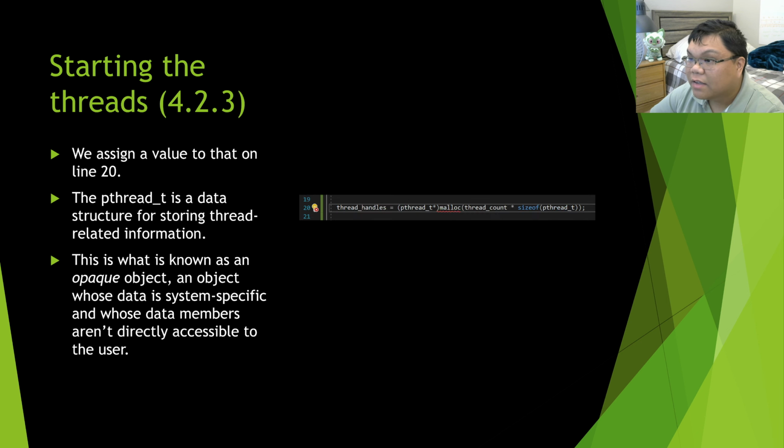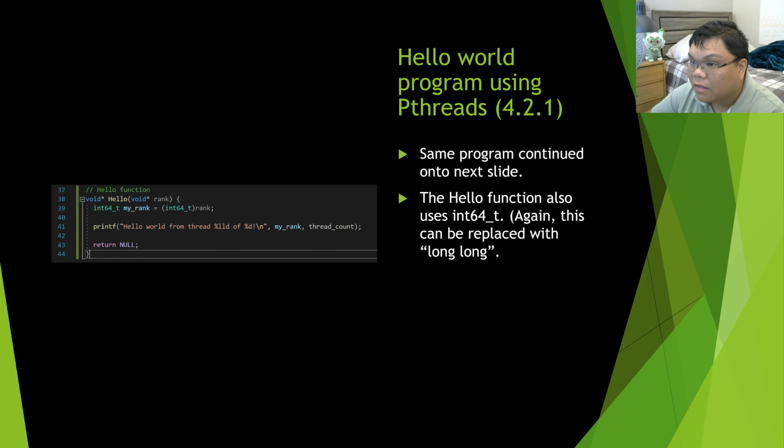So what's going to happen is each thread is going to call this hello function, and it's going to be given the thread ID as an argument. So when each thread runs the hello function, it's going to say hello world from thread %lld of %d. That means hello world from thread ID out of however many threads we have. And thread_count is our global variable. So that's why it's there too.